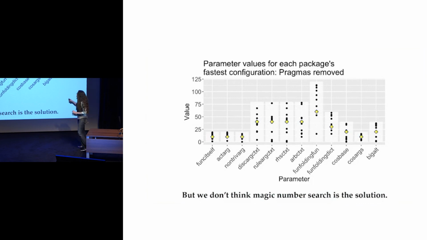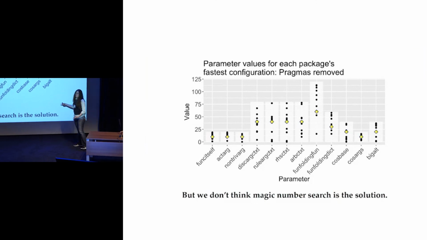And I'm hoping it's pretty clear that those preferred numbers are scattered throughout the entire distribution for all of these flags. There's maybe a couple, like this fun folding fun, which was the general eagerness to inline a function, should probably be a little bit higher than default. But in general, all over the place.